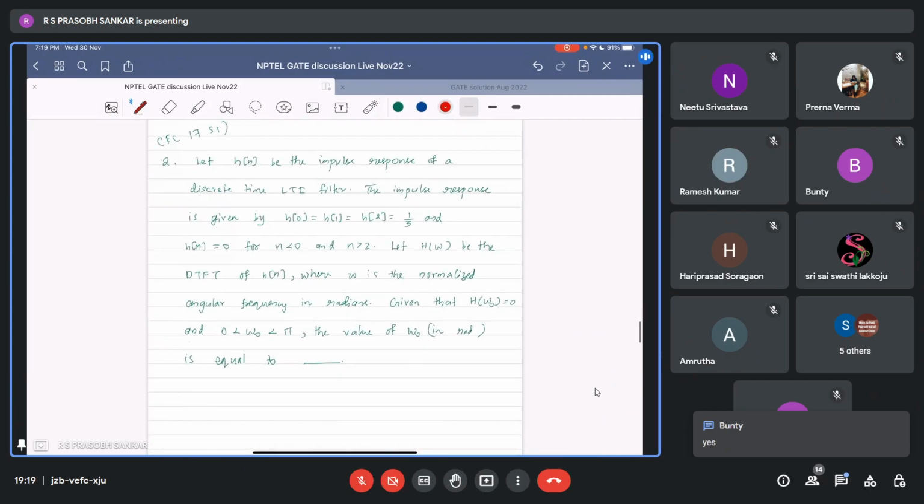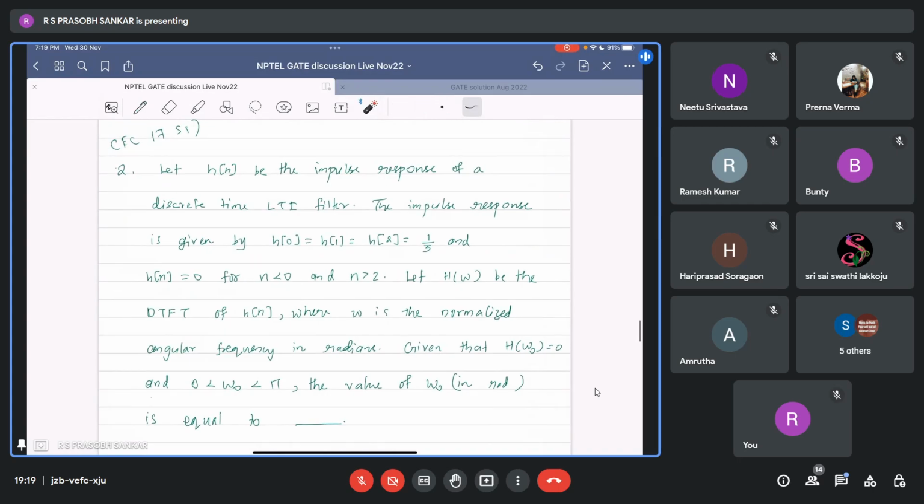So next question, this appeared in the 2017 GATE EC paper. Let h of n be the impulse response of a discrete time LTI filter. The impulse response is given by h of 0, which is the same as h of 1, which is the same as h of 2, which is 1 by 3, and h of n is 0 for negative values as well as n more than 2.